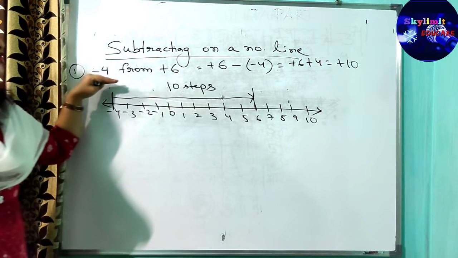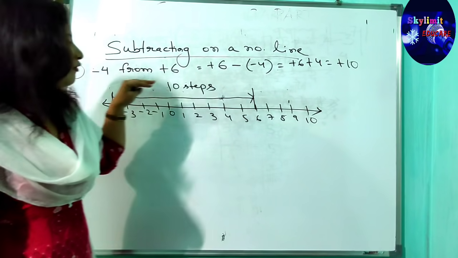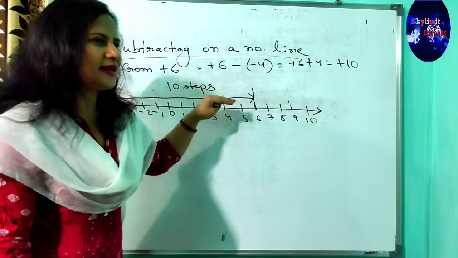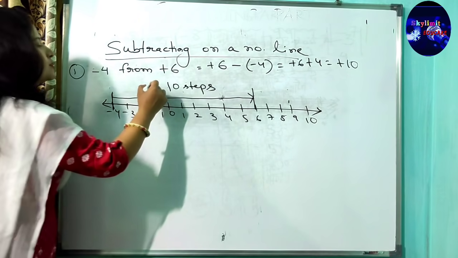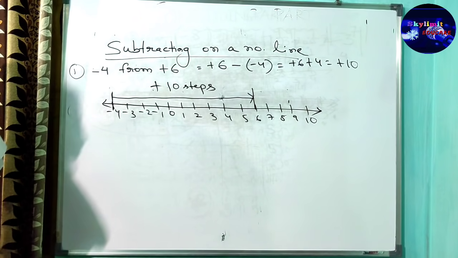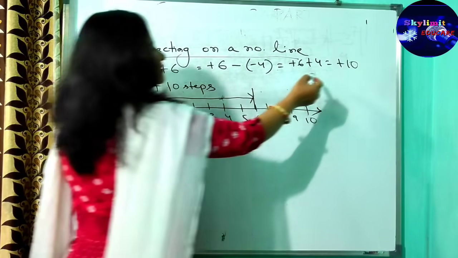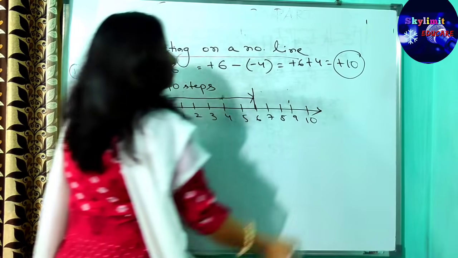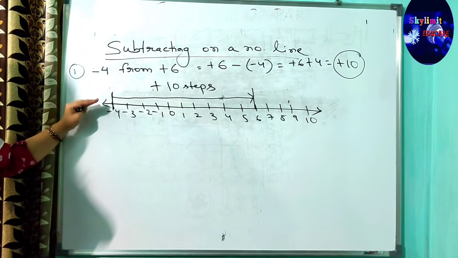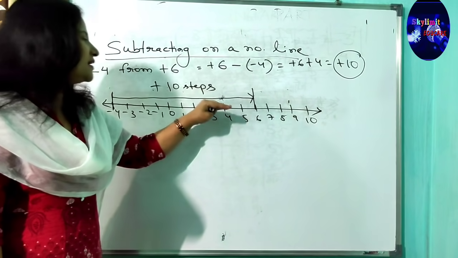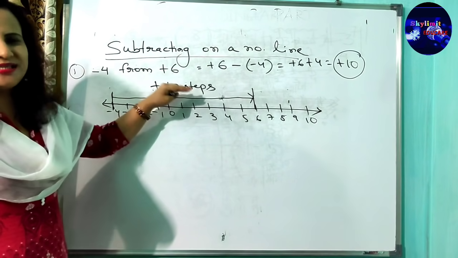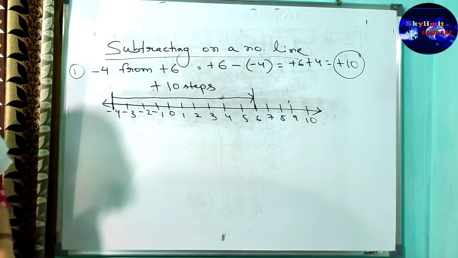And in which direction did you move? You moved in the right direction. Towards the right shows positive. And what is the answer? Positive 10. Okay, let us take the next question.